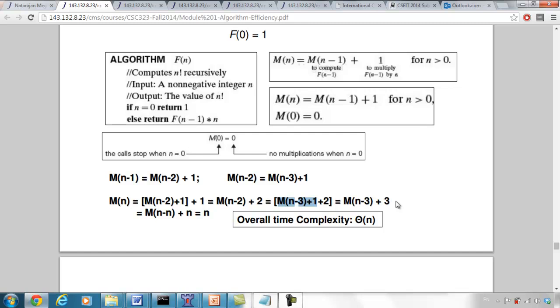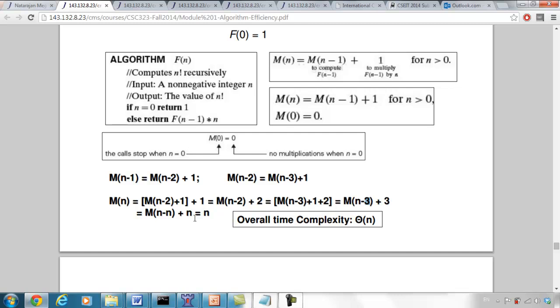So we start seeing a pattern. We have M of n equal to M of n minus 3 plus 3. If I keep going, I can go up to M of n minus n, because I know n minus n is 0, and I know M of 0 is 0. So if I go up to n here, this should also be an n.